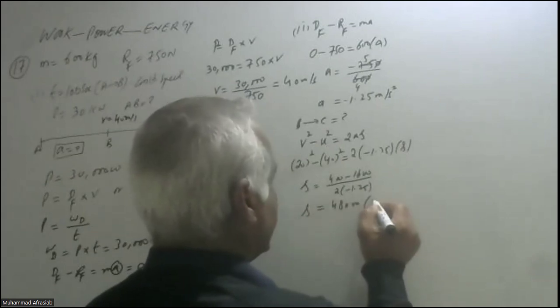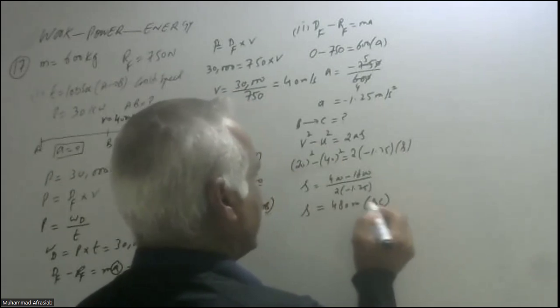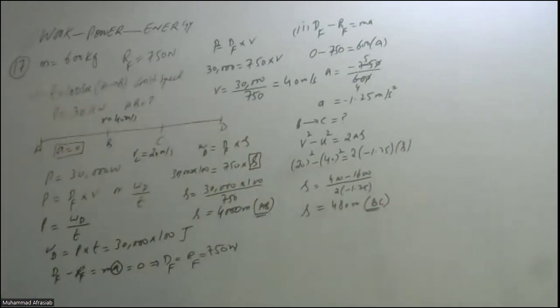So this is the distance B to C for the motion of this car starting from A going towards D.